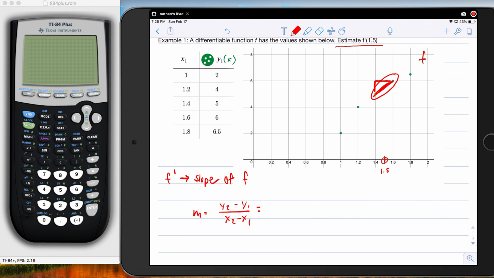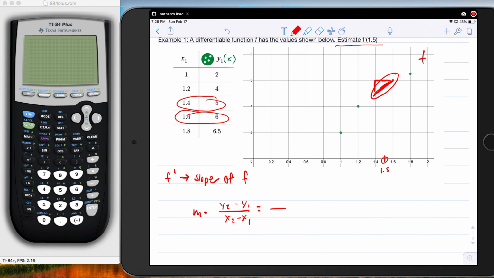For f of 1.5, we're looking at these two sets of points. My y2 value is 6, and my y1 value is 5. And then my x2 value is 1.6 minus 1.4. When you do the math real quick, you get 1 over 0.2, and you can leave it like that.